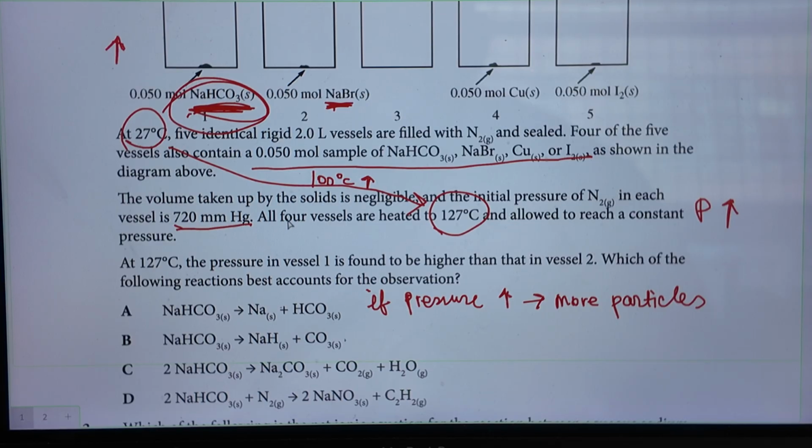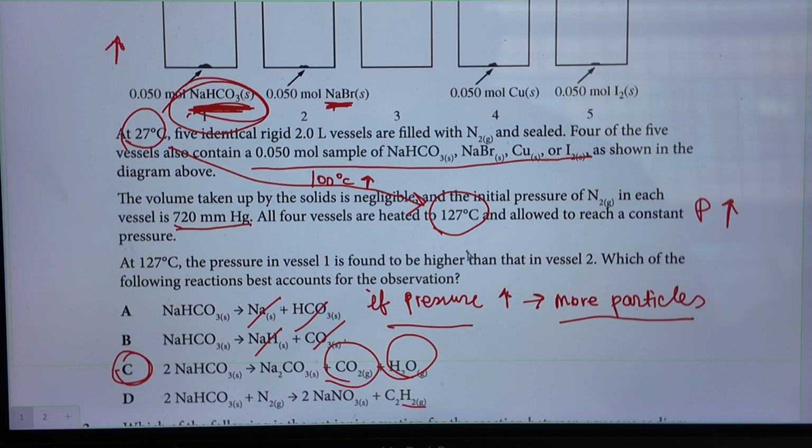That's how we can get more particles. So here it's 2 solids. This one doesn't make sense. This one doesn't make sense. So out of these 2, this one makes this and this, but this one here makes a whole lot of gas. And so I would go with C, because C makes a whole lot of gas. And the more gas leads to more particles, leads to higher pressure, which makes sense.